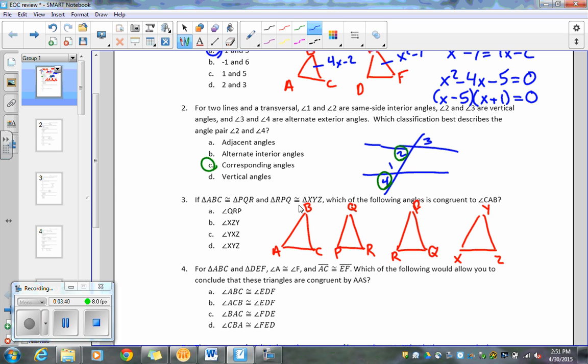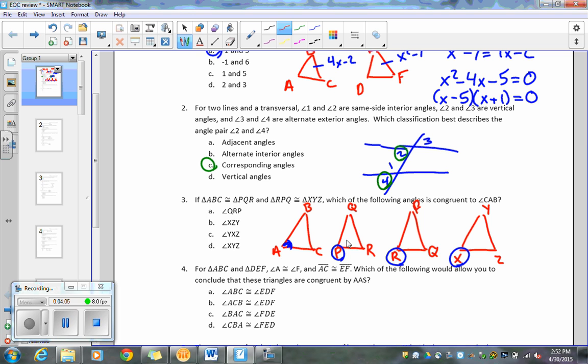It asks which of the following angles is congruent to CAB. Well, CAB is right here. I'm assuming what we're looking for is a corresponding angle. So this could be a corresponding angle, that could be, that could be. The question is which one is it? Let's go through it.